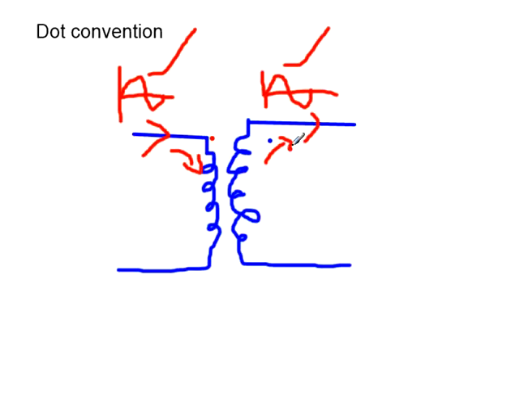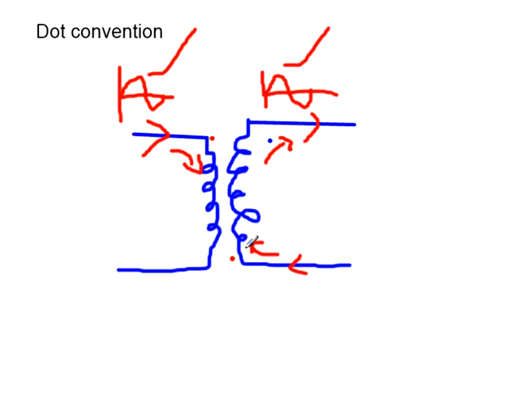Now if by chance, in the secondary winding, instead of the current leaving, the current is entering here, if suppose my dot is here and the current is entering, at that time the primary and secondary currents are out of phase with each other.